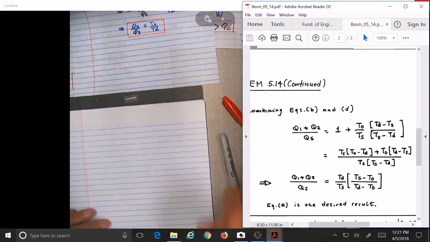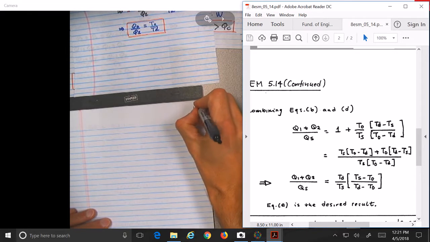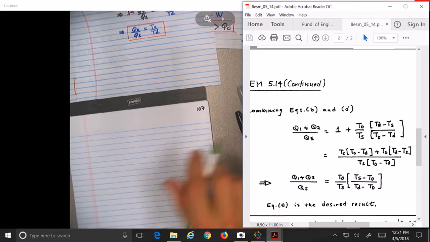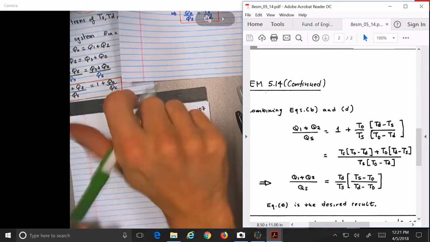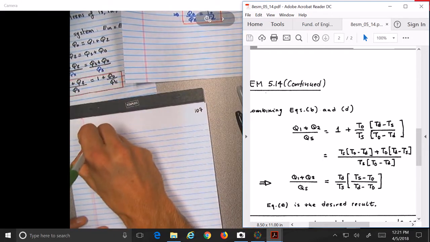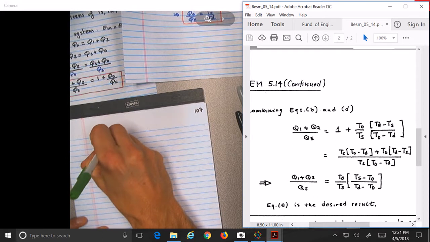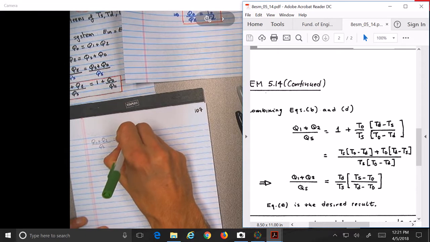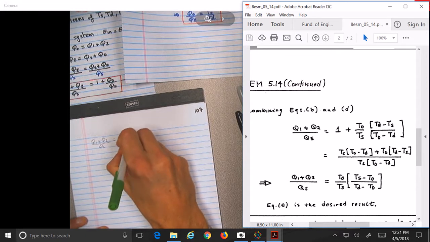Let's get this done. So 107. Don't copy anything, okay? Let me just try to solve this one initially. So over here, what we have is Q1 plus Q2 over QS equal 1 plus Q naught over QS.